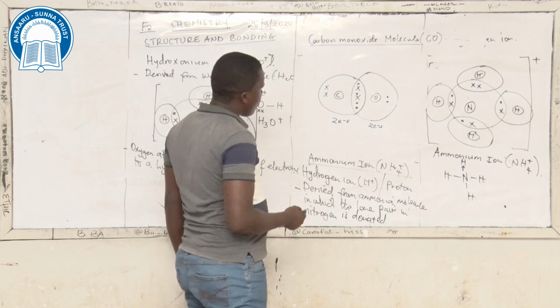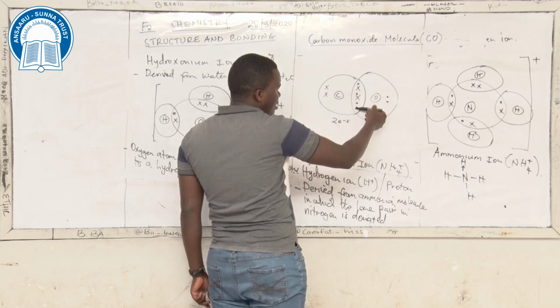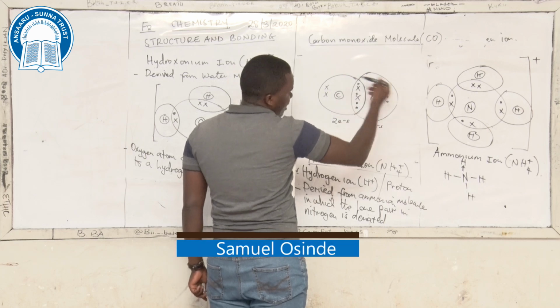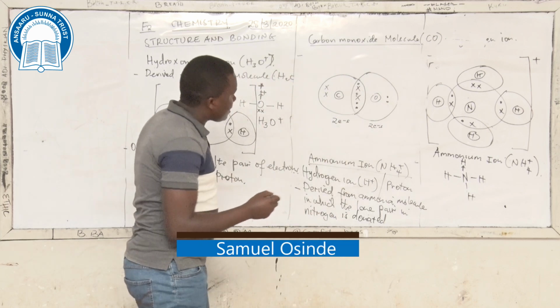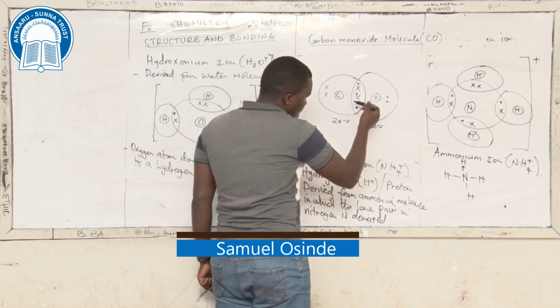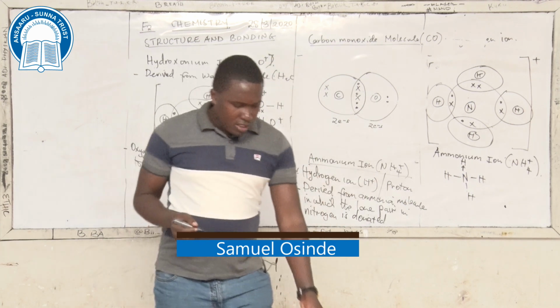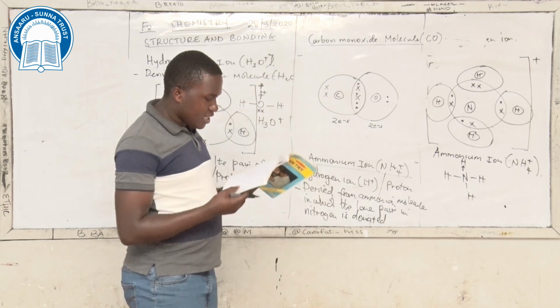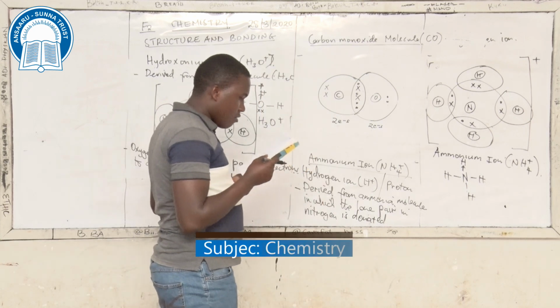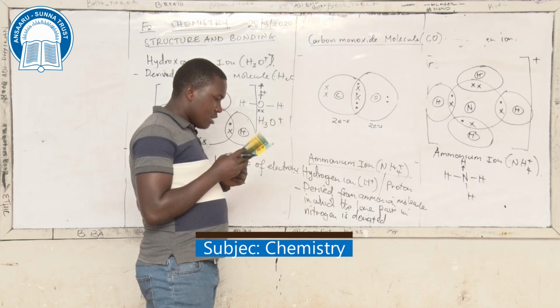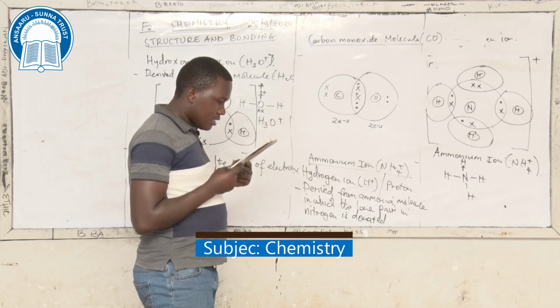So you can see now they have 8 electrons each. But the last 2 electrons, which are this one, have been donated by oxygen. That's why we say this one is a coordinate bond in that structure.